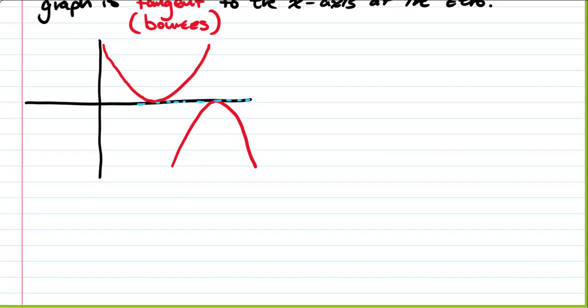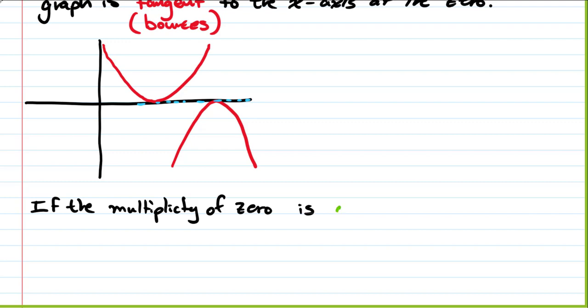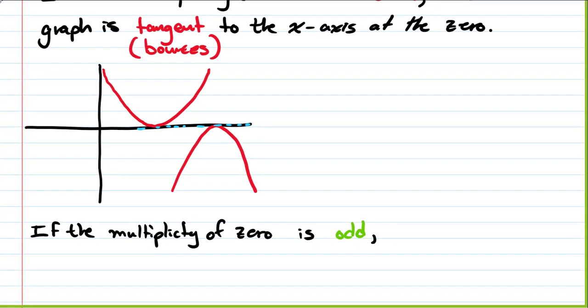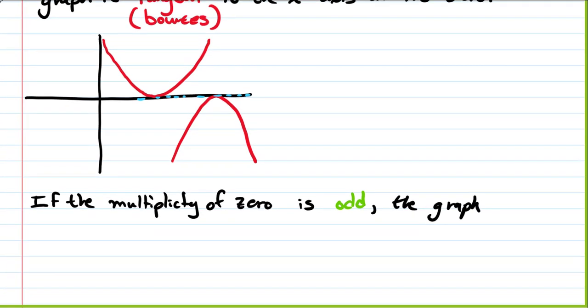If the multiplicity of a 0 is odd, the graph crosses the x-axis at the 0.